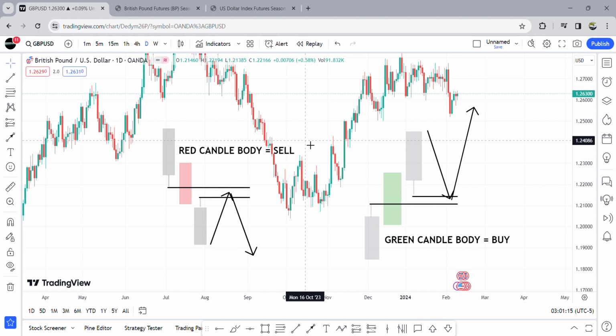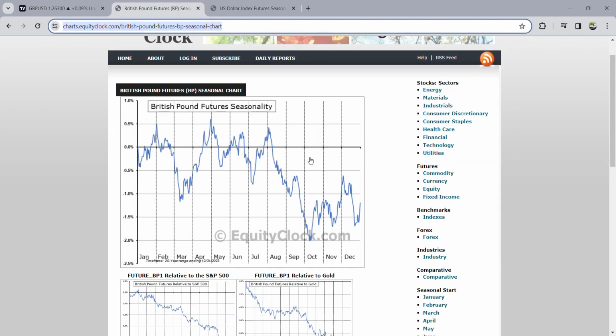I'm just going to do a quick look at seasonal charts, and then use this pattern in price. Let's use September till January and we'll narrow it down. So we're in seasonal charts for pound futures, September to January.